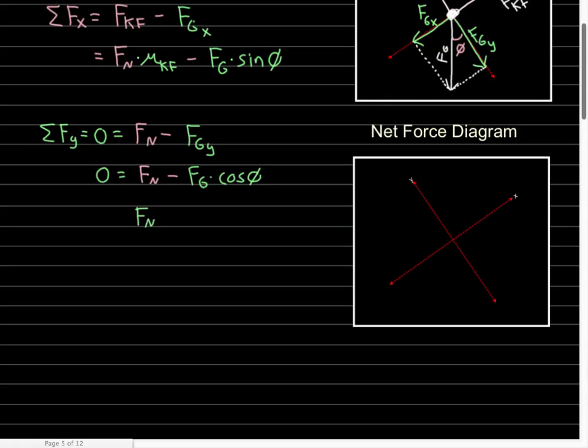The normal force is equal to Fg times the cosine of theta. It's known because the force of gravity is known, theta is known, everything's known now. So we can take all of this and plug it in for the normal force right here. That's exactly what we're going to do.